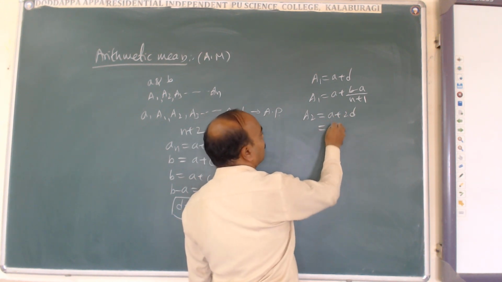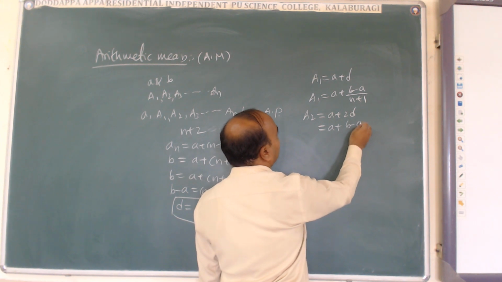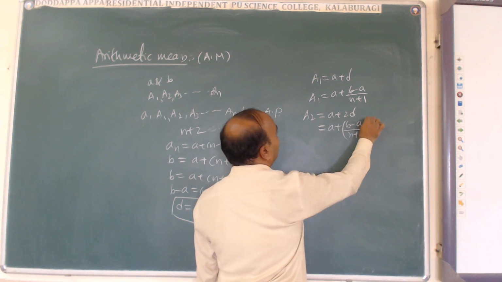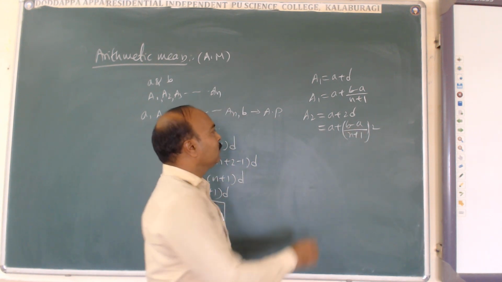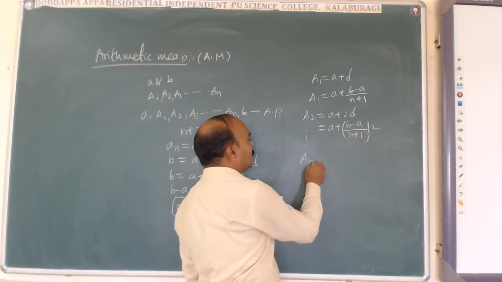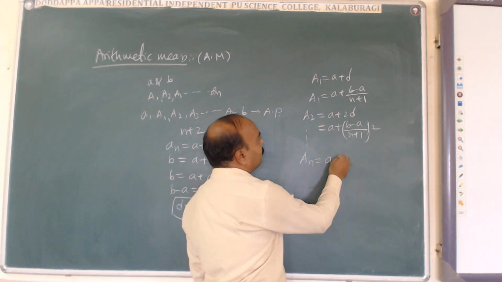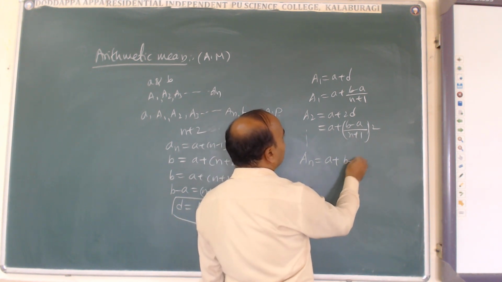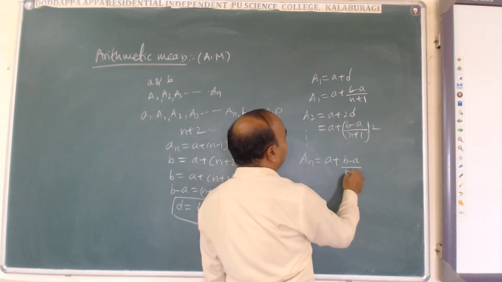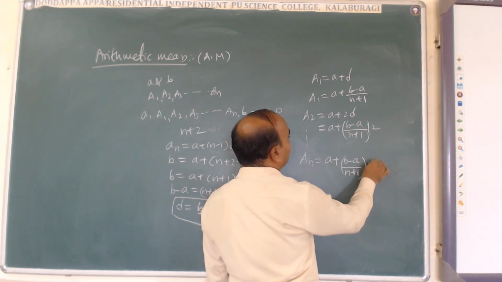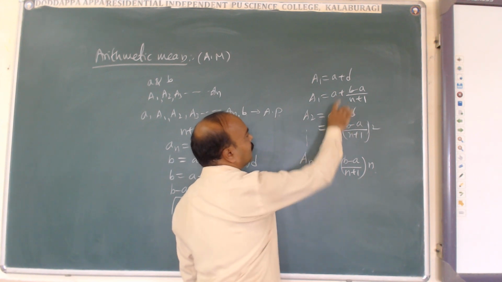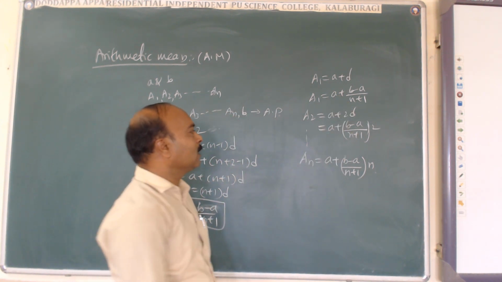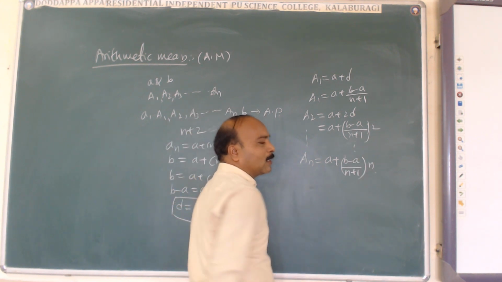It is a plus (b minus a) by (n plus 1) into 2. And similarly up to an, the nth term is given by a plus (b minus a) divided by (n plus 1) into n, because this value changes to n here at the last step. Therefore it is the nth arithmetic mean of the given progression.